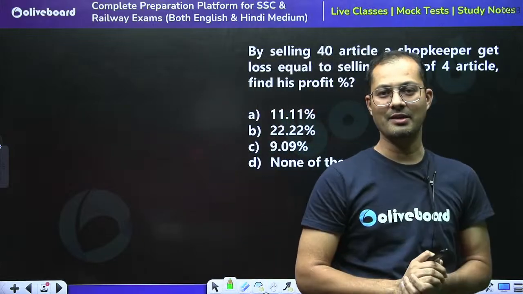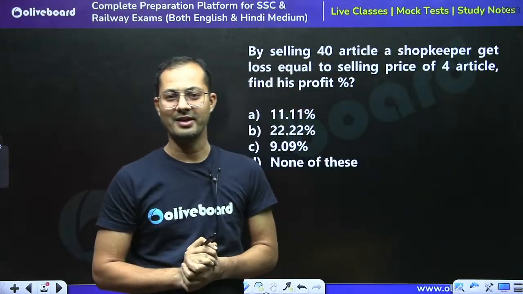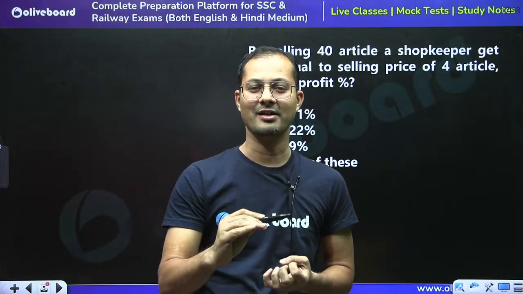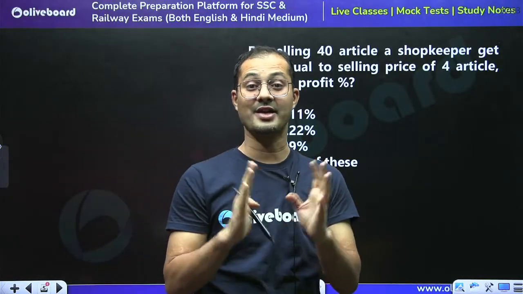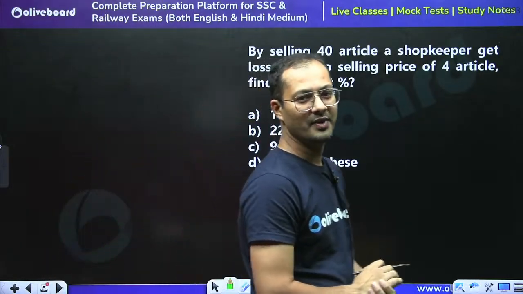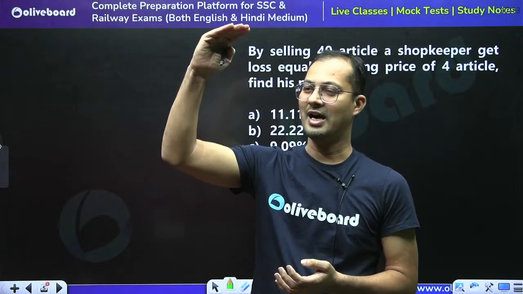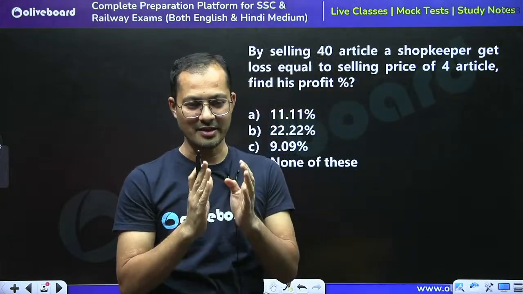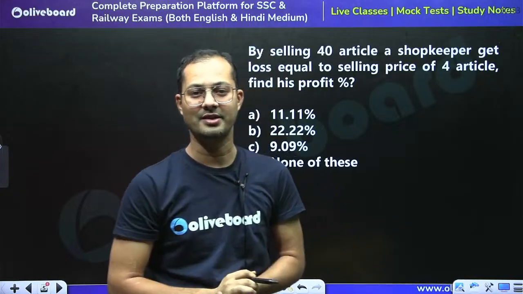Just gear up yourself, because tier 2 means something. After clearing this hurdle, your life will change totally or drastically. So your destiny is waiting for you. Keep your ambition high, and keep your preparation in the right direction at the right pace.